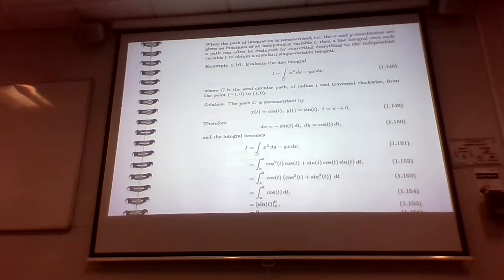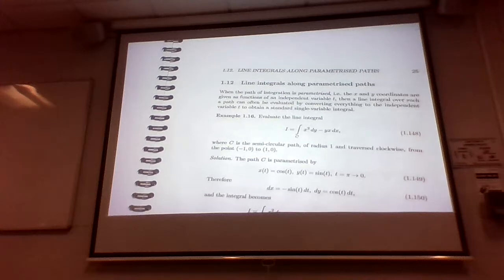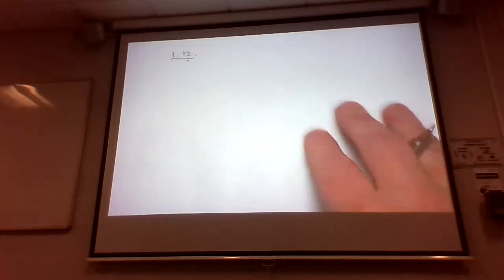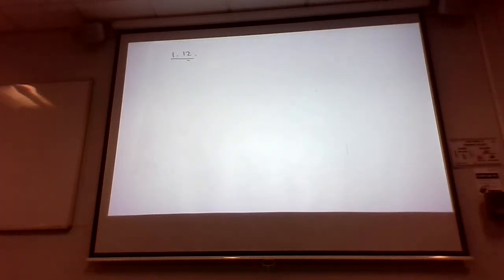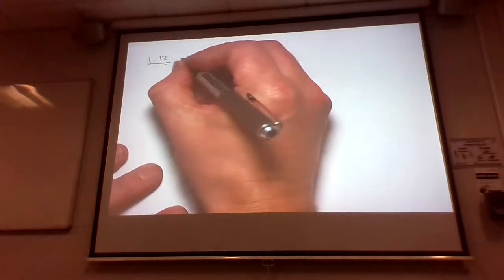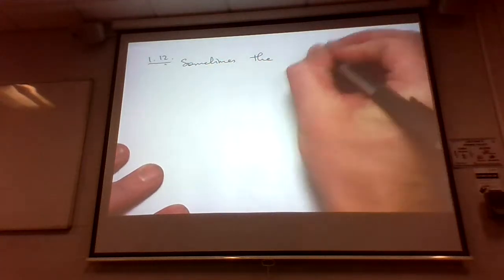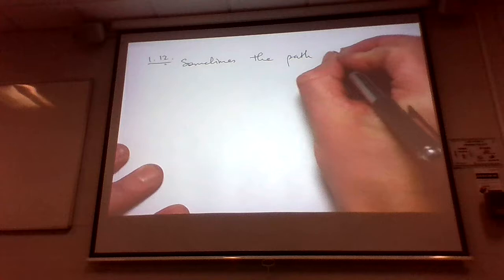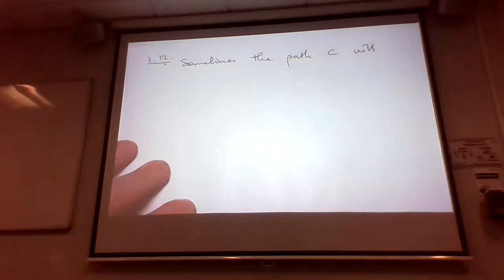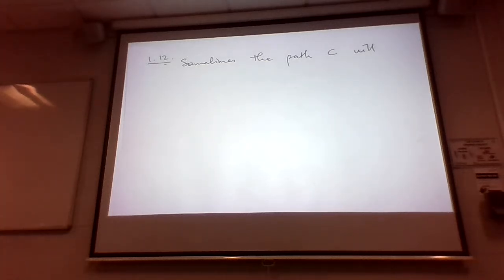And just to look at a further example, before going on to the double integrals, just look at a further example of these in section 1.12, which is where we're looking at integrals along parameterized paths. Okay. So sometimes the path C, rather than having a description of it in terms of how x and y are behaving, which is what we saw in the previous examples.